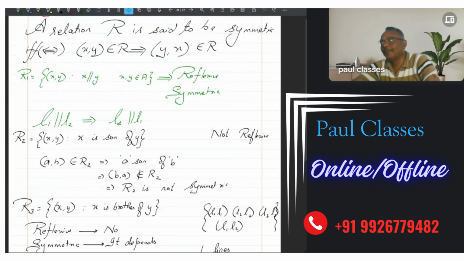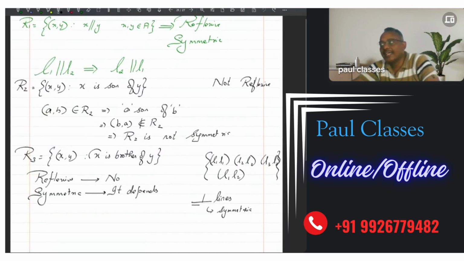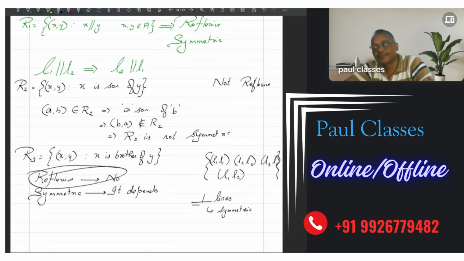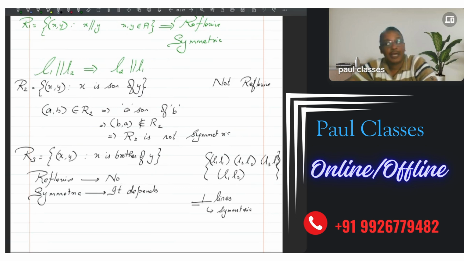A very good example, XY, such that X is brother of Y. If X is brother of Y, is it reflexive? No. How can one be the brother of himself? Self-related is not there, so it is not reflexive. Symmetric? X is brother of Y, Y is brother of X. It depends. If X and Y both are male, then it is symmetric.